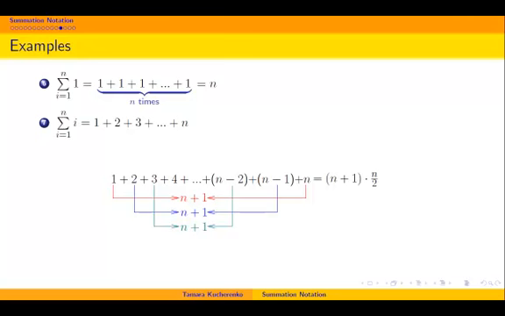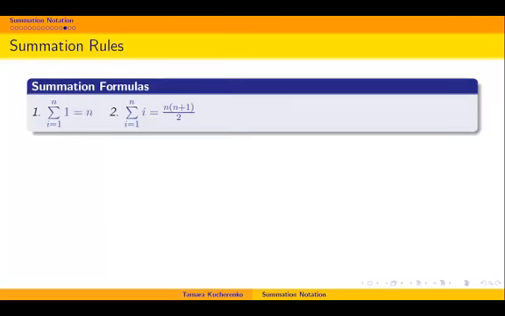So far, we obtained two summation formulas. The sum of 1 from i equals 1 to n equals n, and the sum of i from i equals 1 to n equals n times n plus 1 divided by 2.